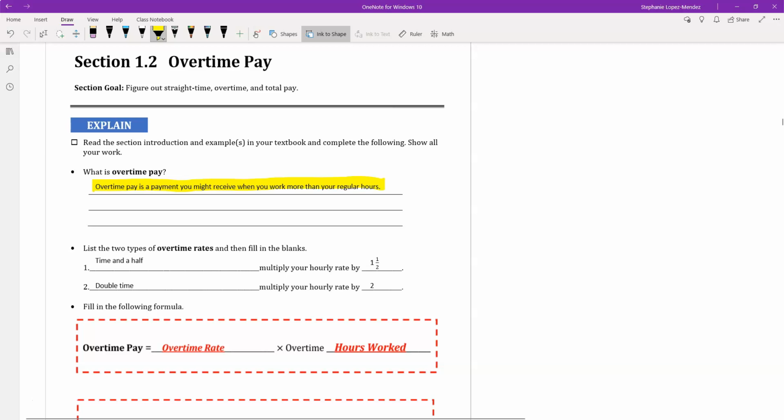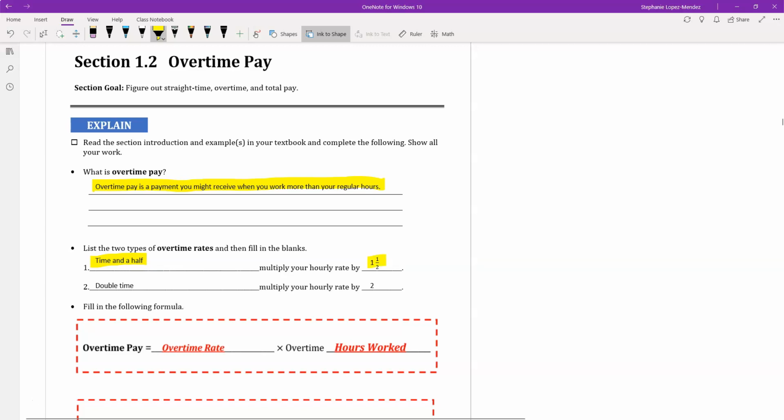There are two types of overtime rates, and we are going to fill in the blanks so we can know more about it. Our first type of overtime rate is the time and a half. So your hourly pay rate will be multiplied by 1.5.